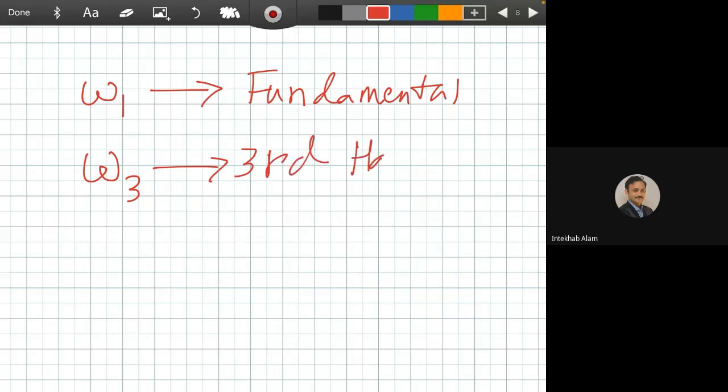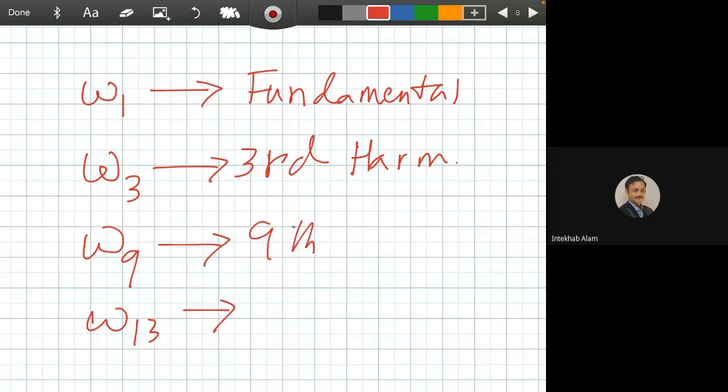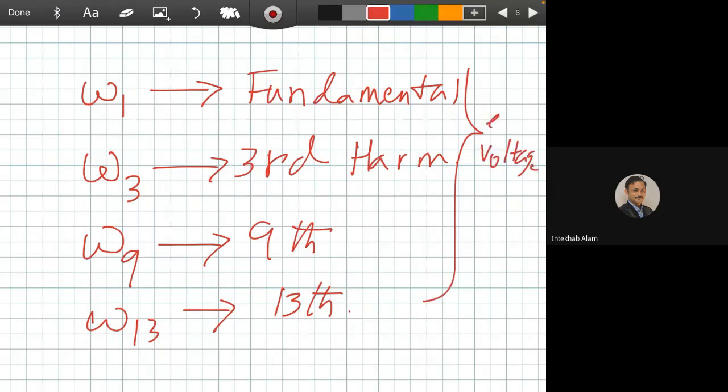Third harmonics, and we are producing 9th, we are producing 13th. Okay, they all have equal voltage level.